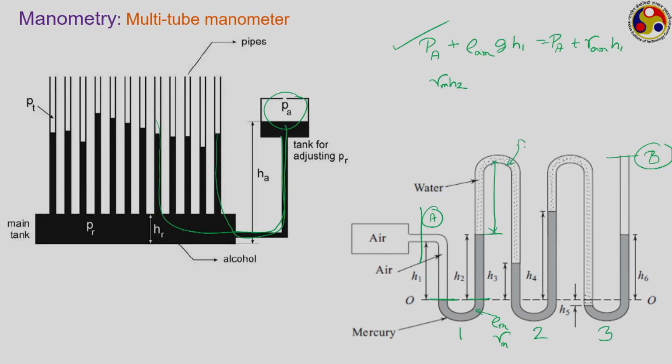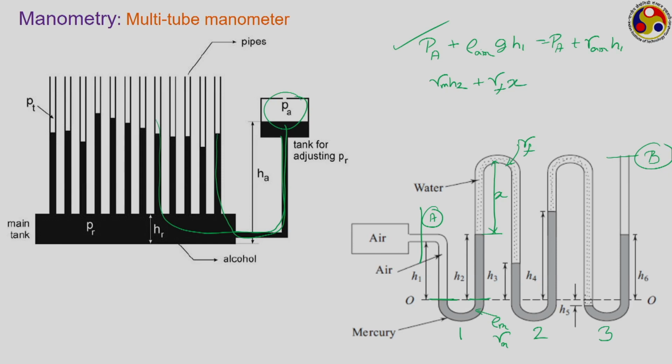This liquid may have, say, gamma f. So, we have a fluid of specific weight gamma f multiplied by some height. Let us say this height is x. So gamma f into x is the pressure that is acting at this position.